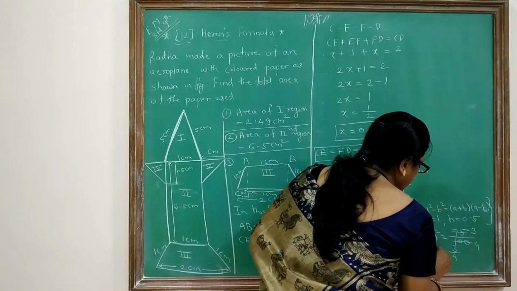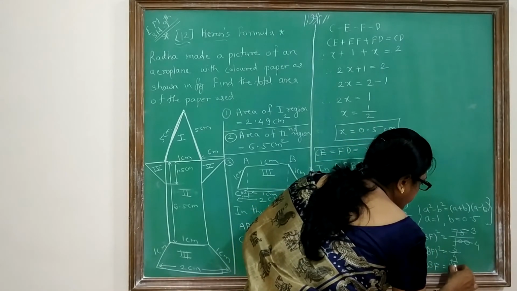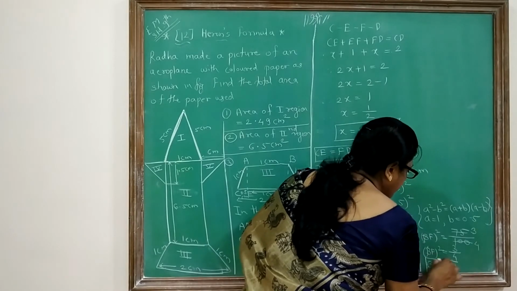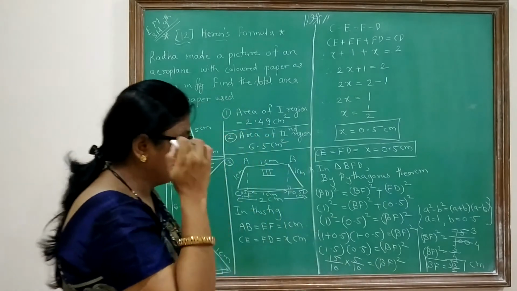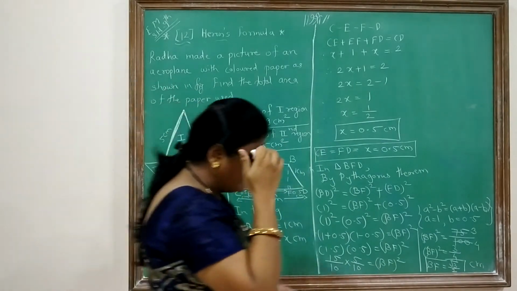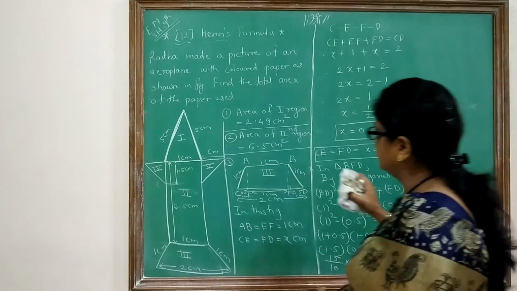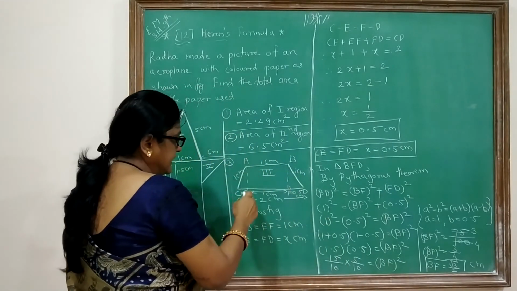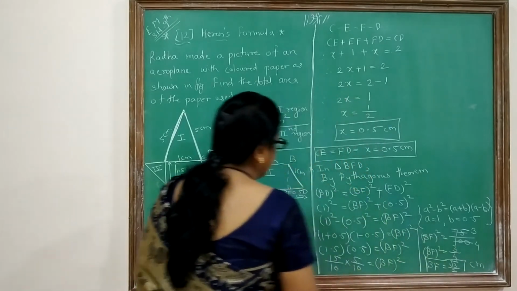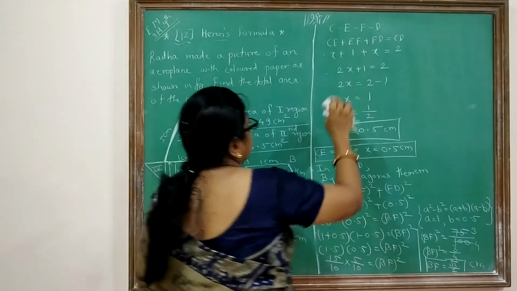This is BF square. And what is the BF value? BF value is root 3 by 2, because 4 is 2 square. And this is your BF. Then next, BF and AE are the same because they are altitudes. And see here.